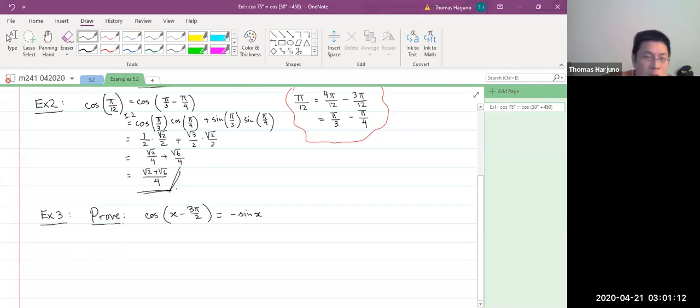Prove that cosine of x minus 3 pi over 2 is equal to negative sine x. And now we go to the proving mode. From left to right, left-hand side first, that's right.